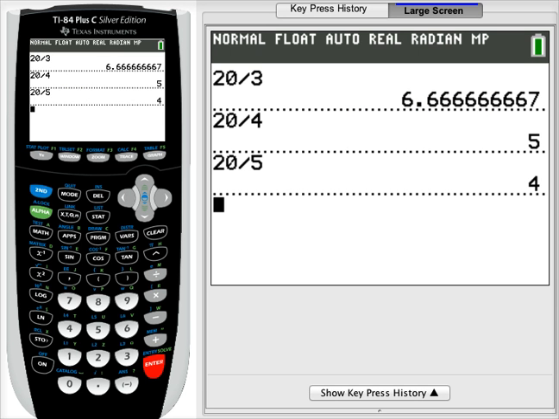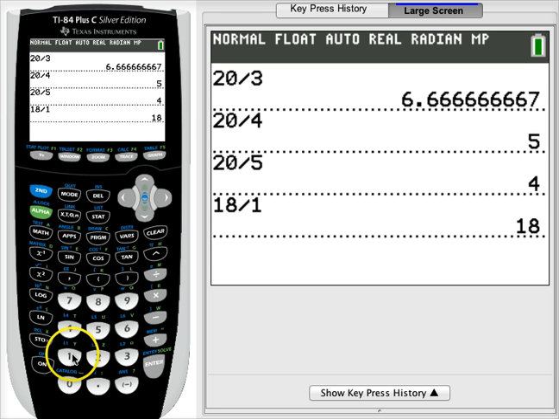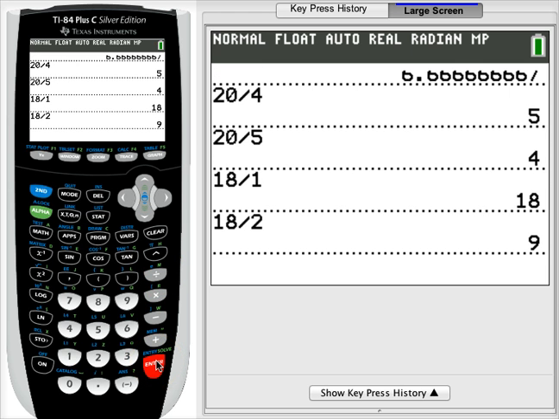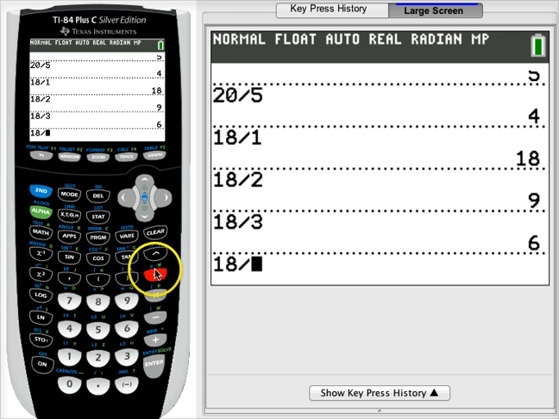Again, just to show you really quickly, start by dividing by 1. So 1 and 18 works. Now divide it by 2. So 2 and 9 works. Divide it by 3. So 3 and 6 works. Divide it by 4. Well, 4 doesn't work.